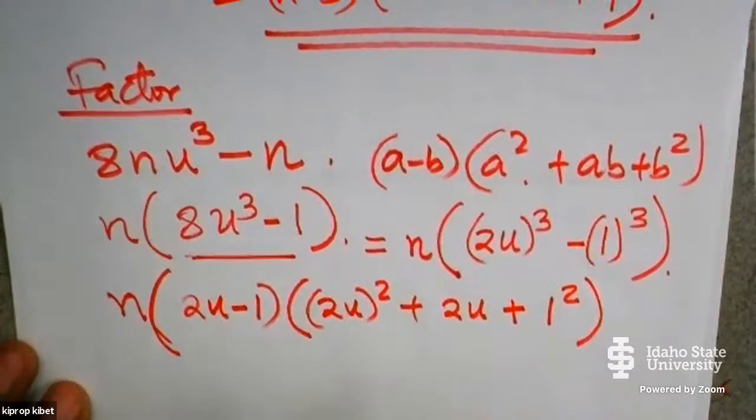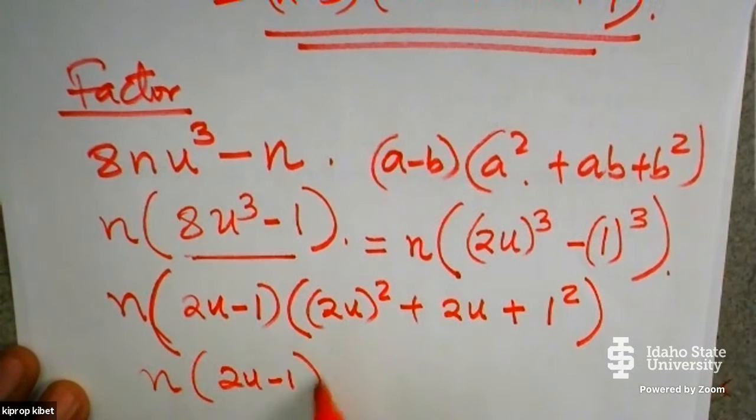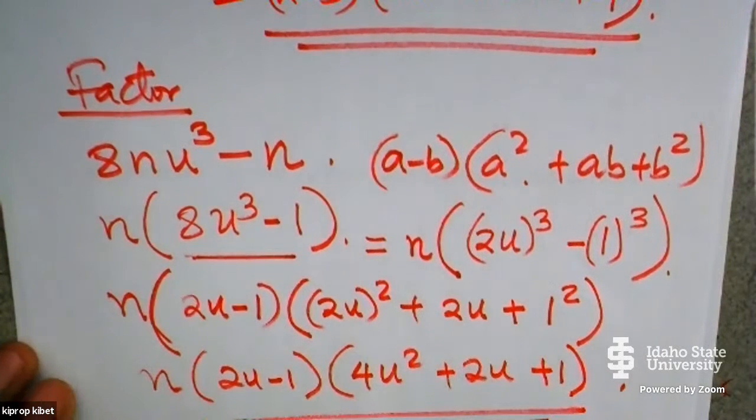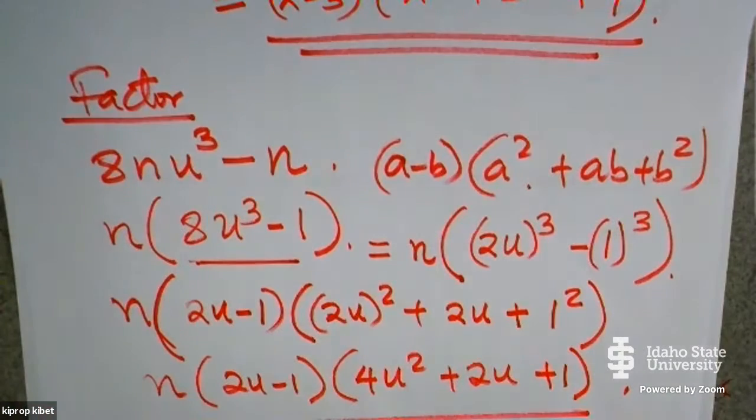So finally, we get n times 2u minus 1, and then 4u squared plus 2u plus 1. That is our final answer. Are we together? Good.